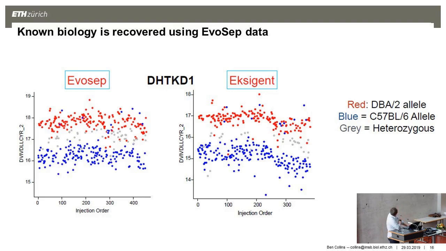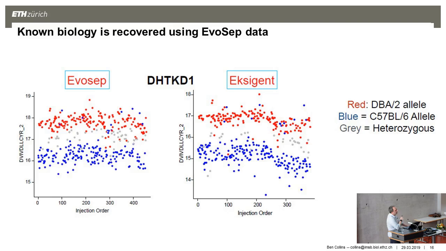So for example, this enzyme DHTKD1: he knows that in red we have the allele from this DBA mouse, in blue we have the allele from the C57, and he knows that there's a genetic difference here that should change the abundance of this particular enzyme. And what you can see is that on either methodology, we can recover this difference very well. The gray in the middle is the heterozygous mice, so you expect those to be somewhere in the middle. And Evan has a whole bunch of these, not just this one.